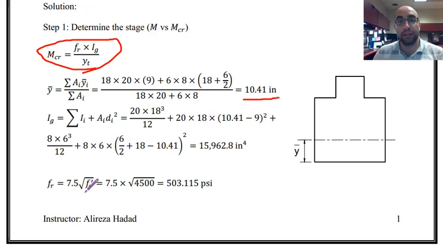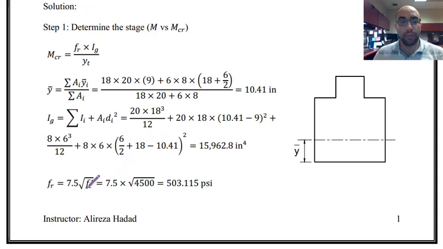Of course, if you look at the first presentation or the first chapter when we were talking about properties of concrete, there was a lambda over here, but we said since we are always dealing with normal weight concrete, lambda is always equal to 1.